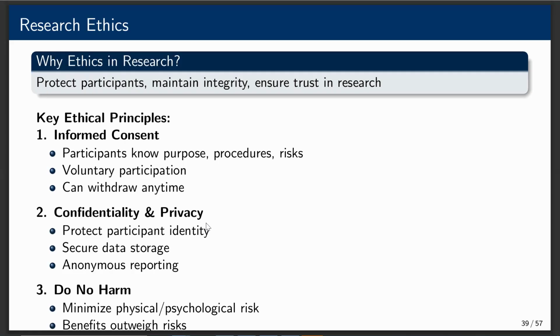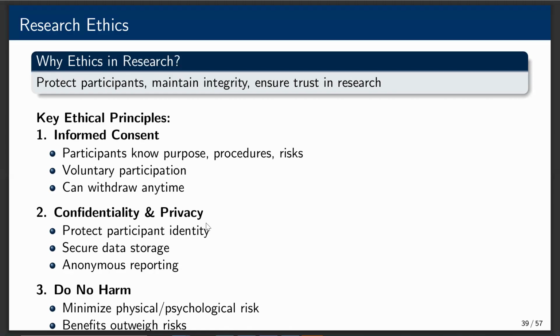Research ethics. Why ethics in research? It protects participants, maintains integrity, and ensures trust in research. The key ethical principles: informed consent, basically participants know the purpose, procedure, and risk. Then voluntary participation, participants can withdraw anytime.